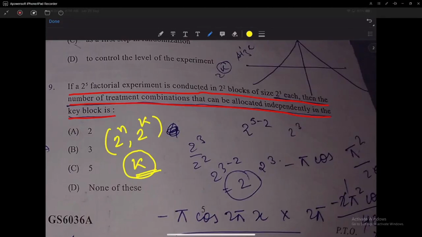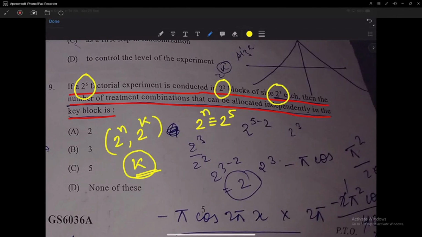Okay, so here you can see that we have a 2 to the power 5 factorial experiment. That means we have 2 to the power n equivalent to 2 to the power 5, and we have 2 square blocks, each of size basically 2 cube. So size is not important to us. So we have 2 square blocks. That means the total number of blocks is basically 2 square.